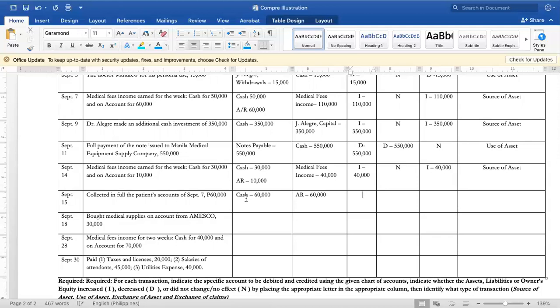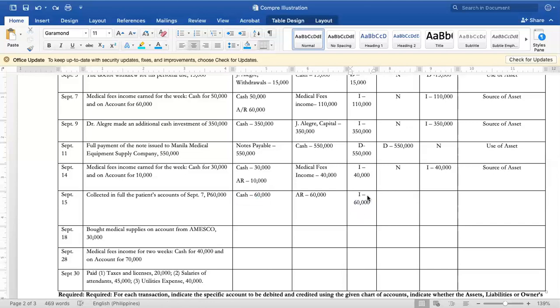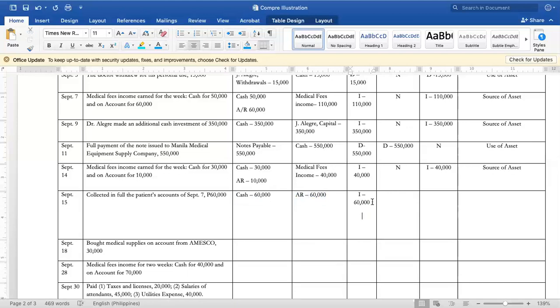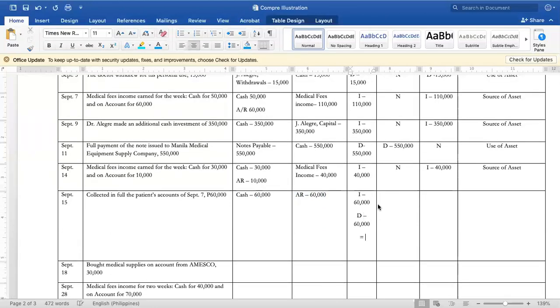So, collection of the on account or the receivable. So, what is the effect on your asset? So, we debit 60,000. This is an asset account. It will increase by 60,000, but at the same time, we credited an asset account nga AR, accounts receivable. So, it will also decrease. Diba? Decrease by same amount, 60,000. So, the net effect is no effect or zero.